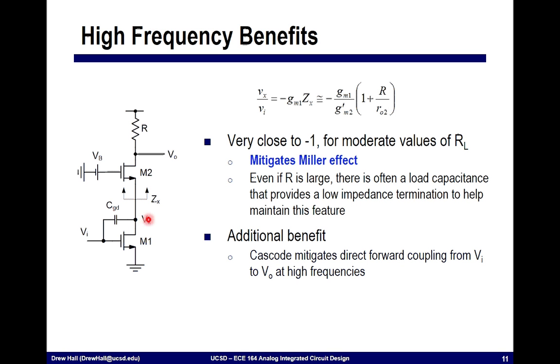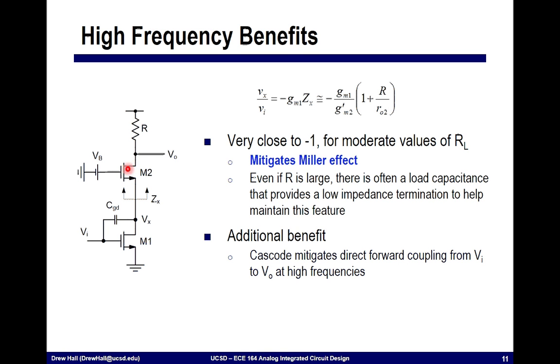To recap the benefits of this cascode device, number one, we are able to increase the gain for a single stage amplifier. This comes at the cost of headroom. In order to accommodate M2, we had to have more supply room or swing, in order to account for at least VDS. We at least need 1 VOV of M2 to keep this device in saturation.